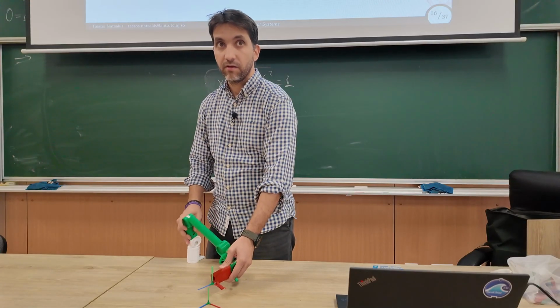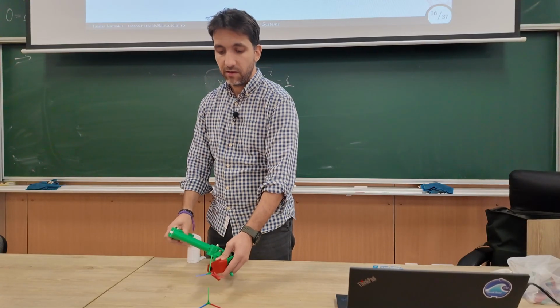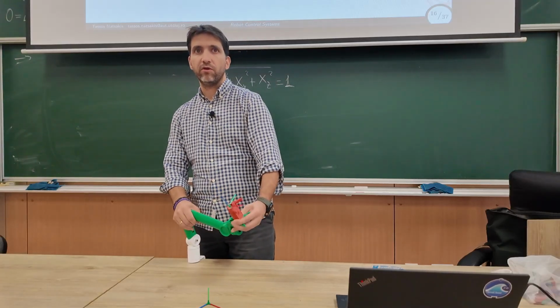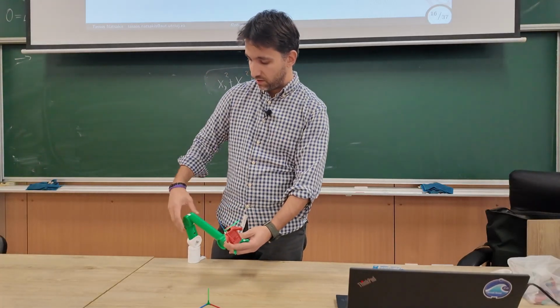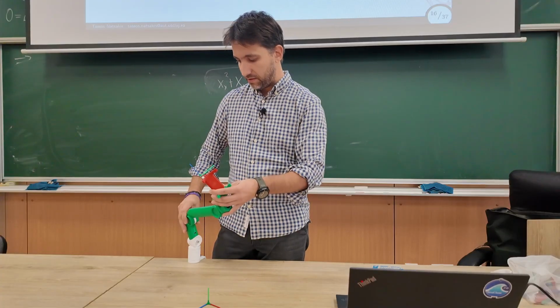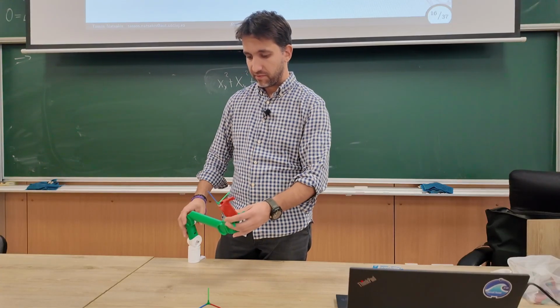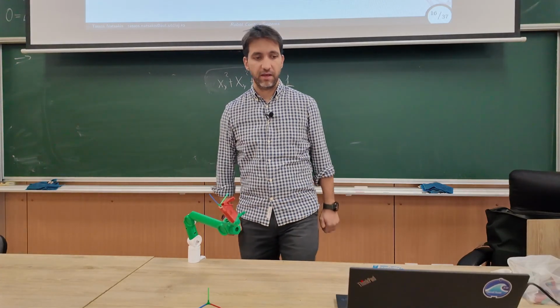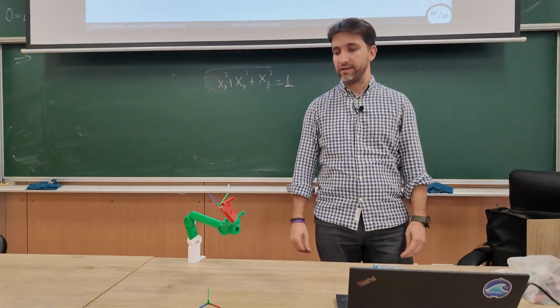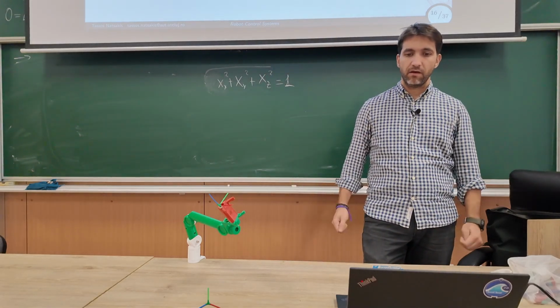The one that does less movement. We're going to talk about it next week when we talk about trajectories, but I just give you a hint of the complications arising from inverse kinematics.